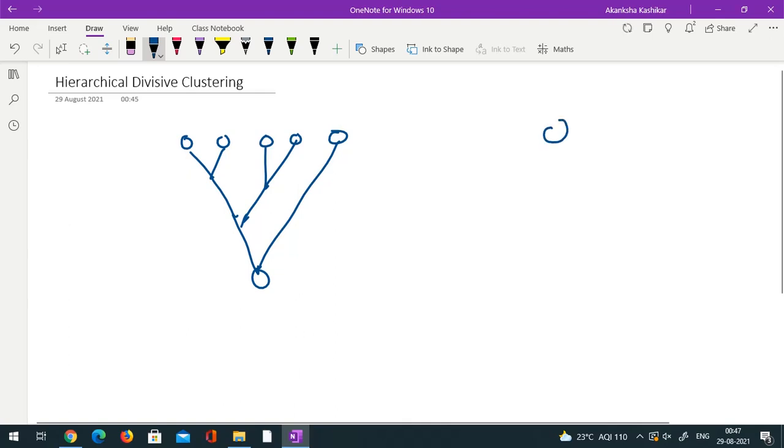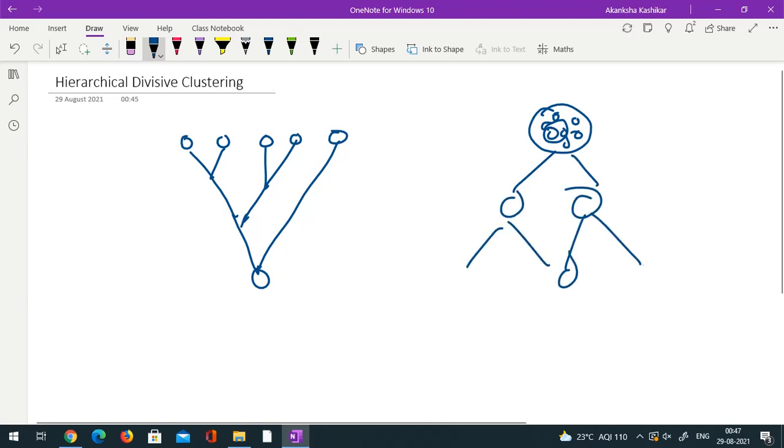We start with all the objects in one single cluster and then we go on dividing them into further smaller clusters till we finally end up getting every object as one cluster. Hence, this is also known as top-down approach, whereas agglomerative would be known as bottom-up approach.